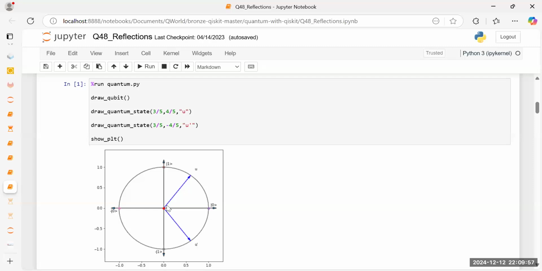When we applied the Z operator to our state U, we ended up on U prime here. And when we applied it once more, we ended up back at U.